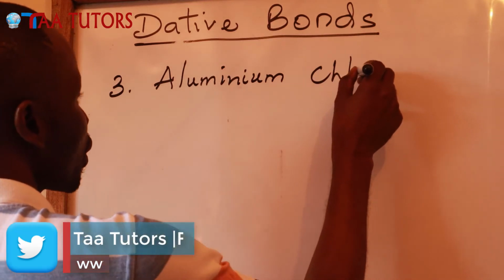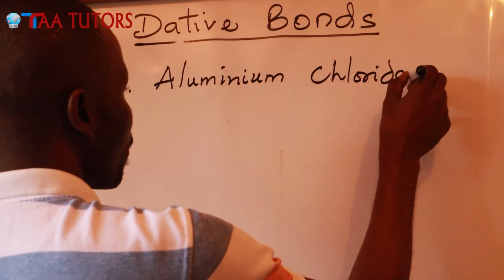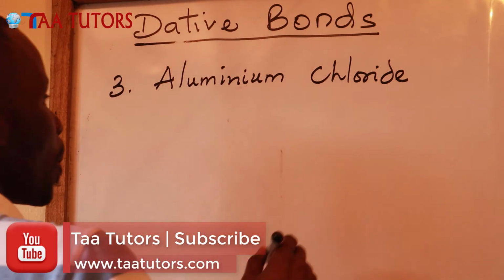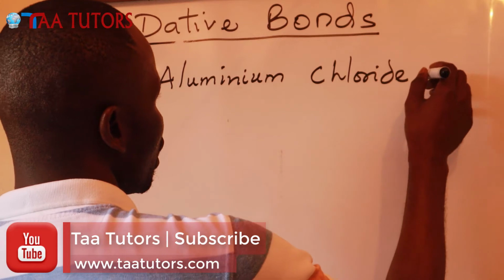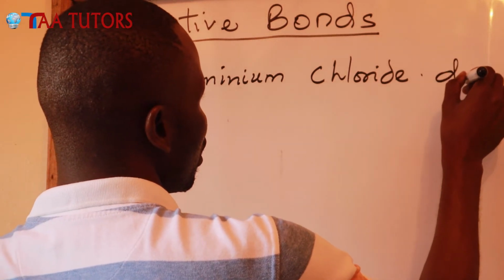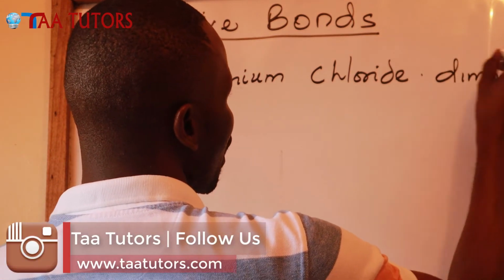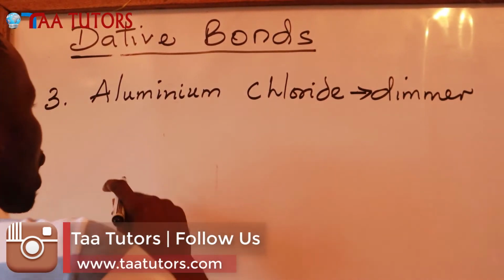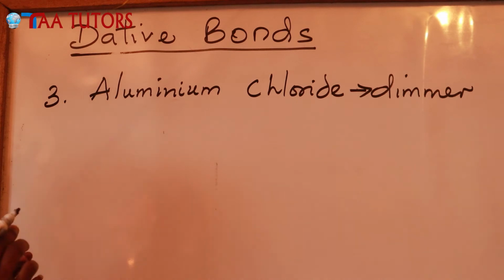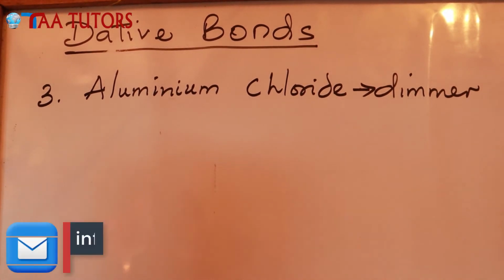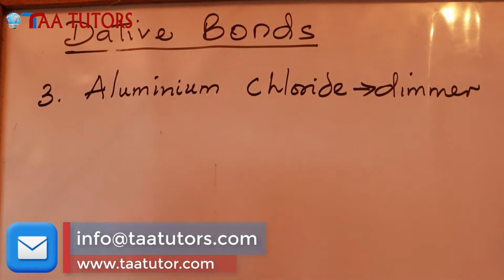But not all metal and non-metal pairs will form ionic bonds. Some of them form covalent bonds, like in this case, aluminum and chlorine. Someone will say, oh, aluminum and chlorine, that's an ionic bond, because aluminum will lose electrons and chlorine will gain. That's not true when we come to aluminum chloride.